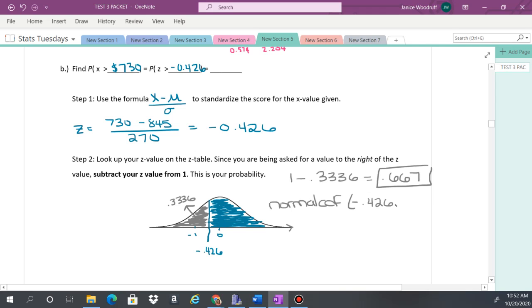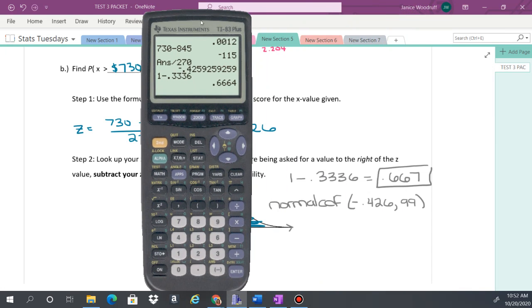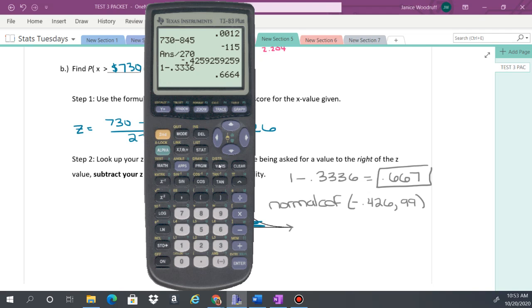I'm going to use positive 99 for my upper limit. And again, if you have the 84, the mean would be 0, the standard deviation 1. So second vars, normal CDF, and you have negative 0.426, 99. And then you get 0.665.